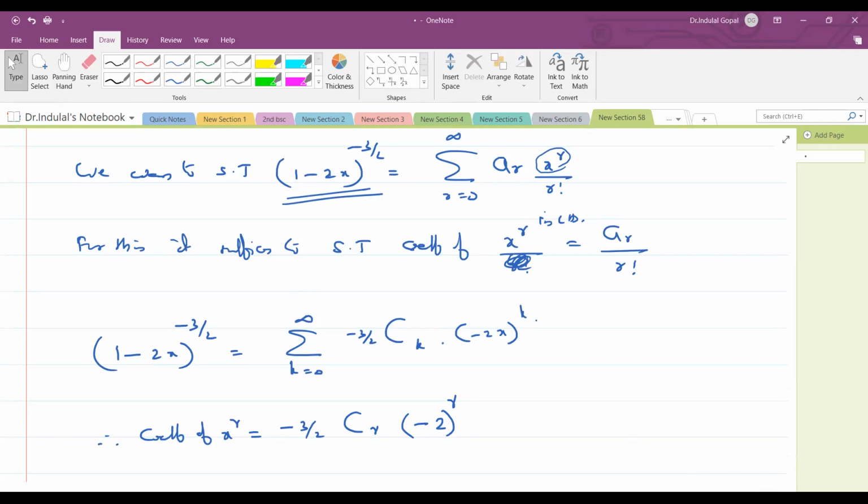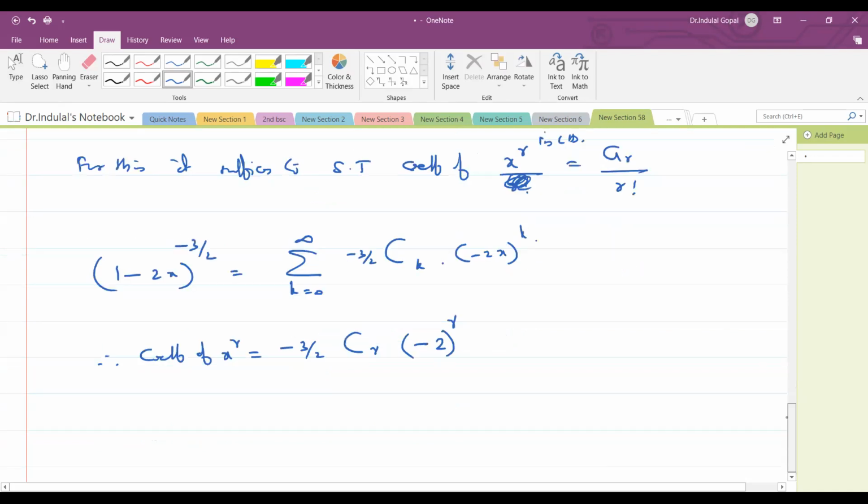Then that can be simplified. So by generalized binomial coefficient, this is equal to minus 2 raised to r. We apply the generalized binomial coefficient. How do we define alpha CR? Alpha into alpha minus 1 into alpha minus 2 into etc. alpha minus r plus 1 by r factorial.